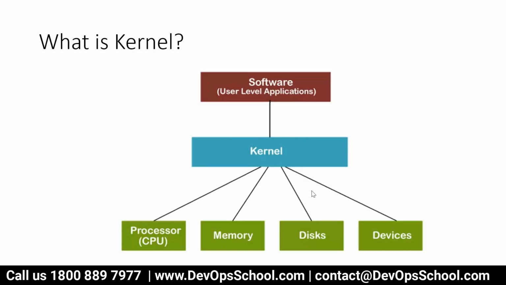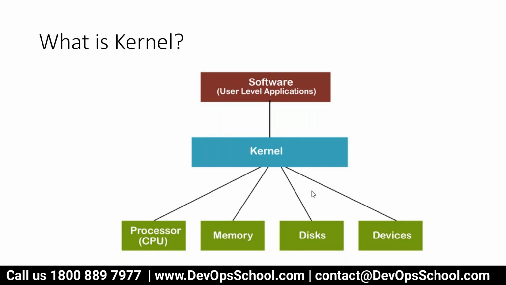Now here, if you look at this, Linux basically helps you interact between the hardware and you, meaning the human. When we look at the hardware, we have a CPU, RAM, disk, and devices like a keyboard, mouse, and printer.